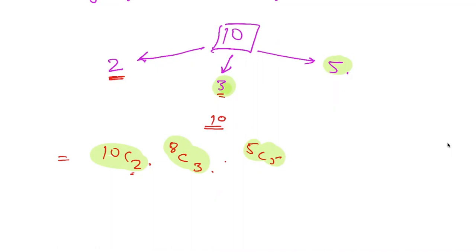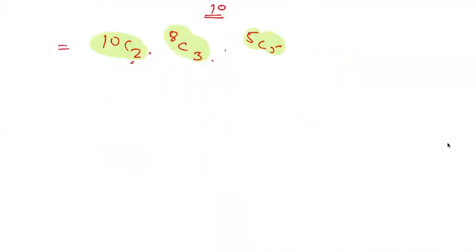Now, if I'm giving you, there are two houses, red house and blue house. There are 40 students in this and 50 students in this.